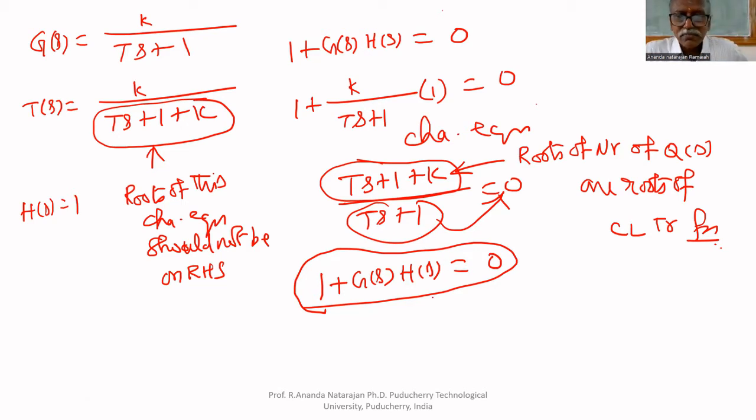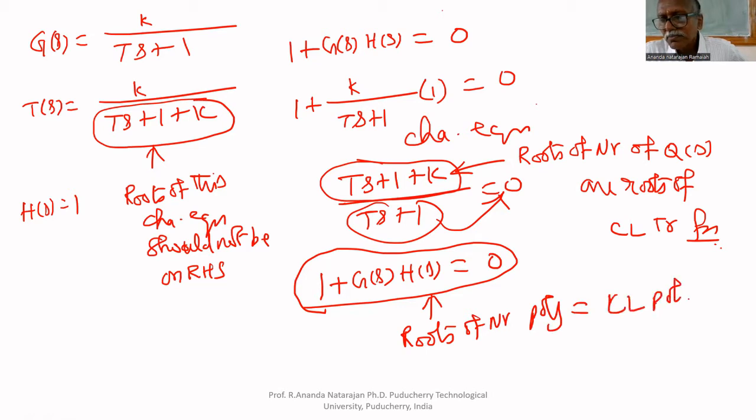The roots of the numerator polynomial equal the closed loop poles, as far as Q of S is concerned, not the transfer function. If you consider the transfer function, only the denominator polynomial; Q of S is 1 plus G of S, H of S.